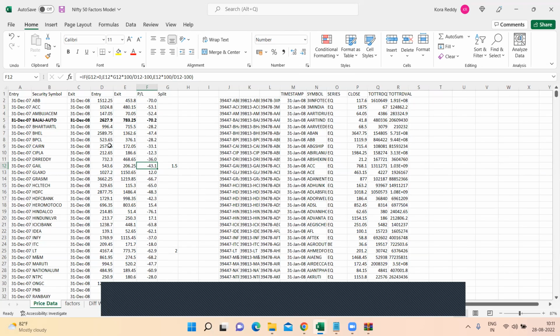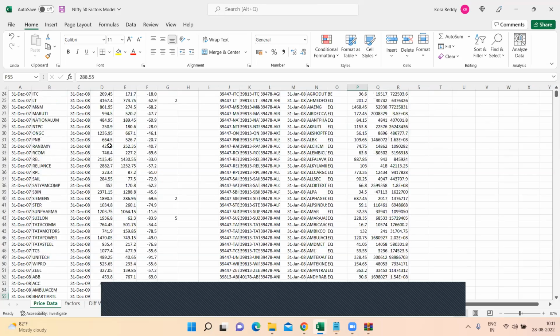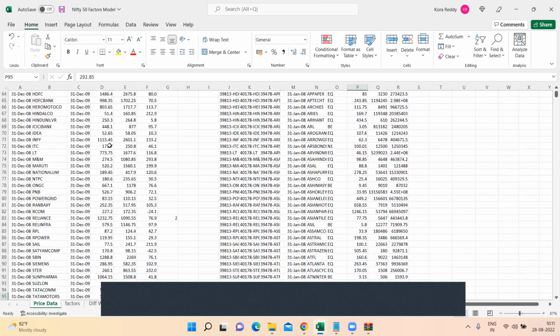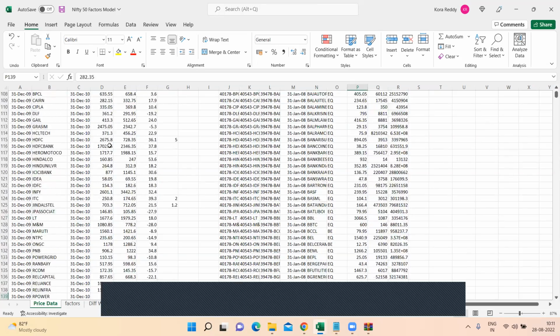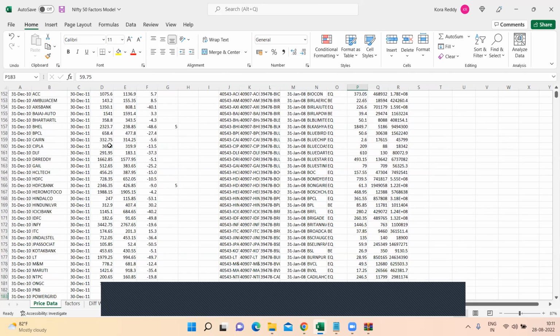So you have to add all of them and adjust the price accordingly. What I would have done here is, wherever Bajaj Auto is there in 2008, that price I would have taken, added one more Bajaj Finance share and Bajaj Finserv share, and arrived at the final price.